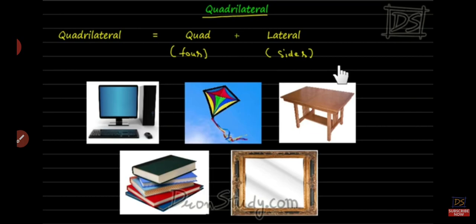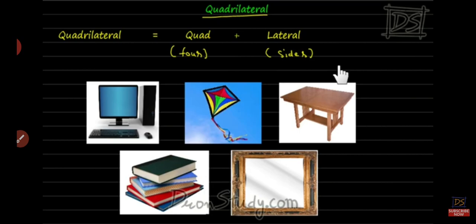Okay, now we can talk about rectangle and parallelogram. What is the similarity of rectangle and parallelogram? Rectangle and parallelogram both have opposite sides equal and parallel. But what is the dissimilarity? The rectangle has all angles 90 degrees, but the parallelogram has opposite angles equal.